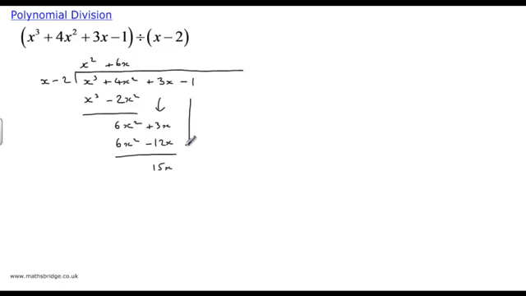And dropping the minus 1 down, I now need to multiply the x by 15 to get the 15x, and multiplying 15 by x minus 2 gives you 15x minus 30, and subtracting these two terms gives me a remainder of 29.